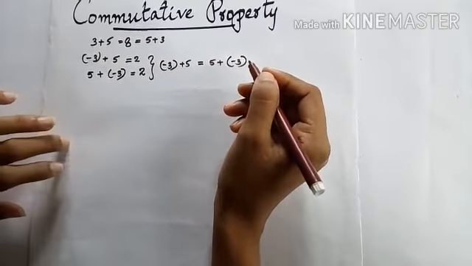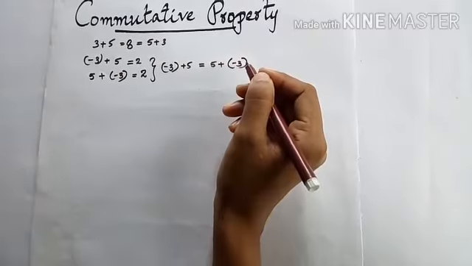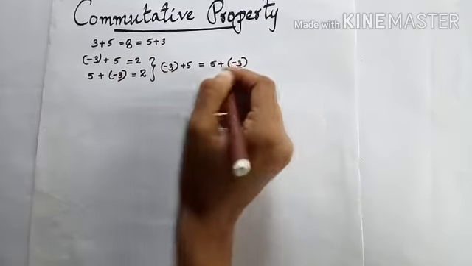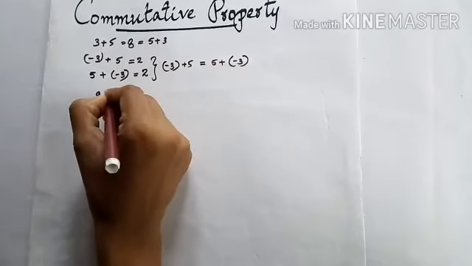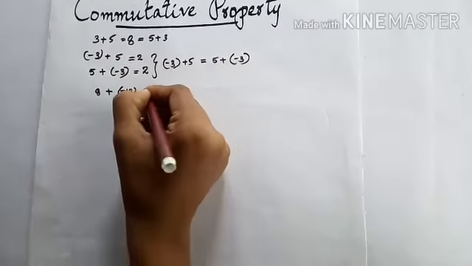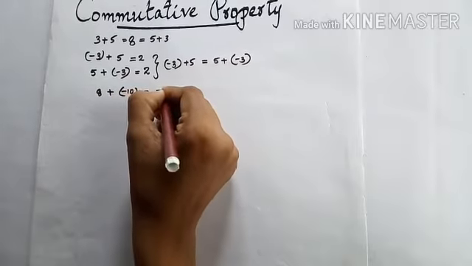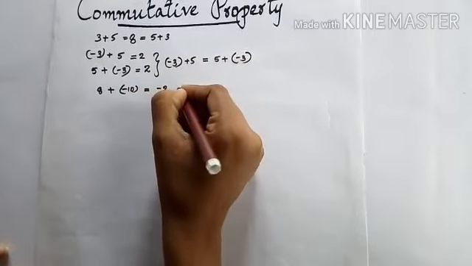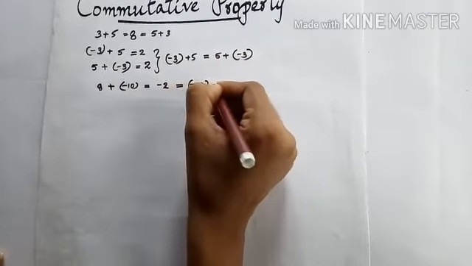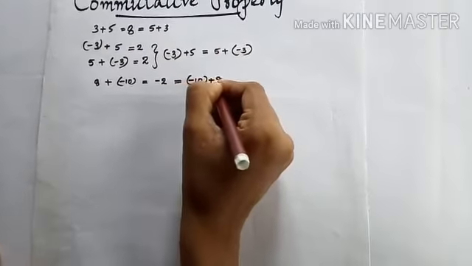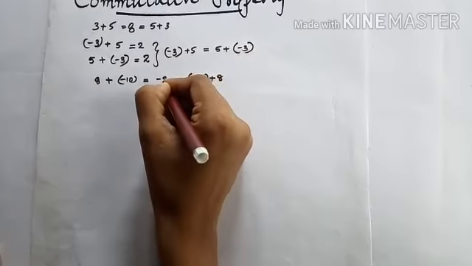Now let's do it with another example. We can take the numbers 8 and -10. If we add these two, we will get the answer as -2. What about when we reverse the order? That is -10 plus 8. We will get the answer as -2 itself, isn't it?